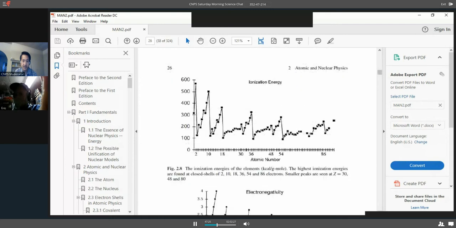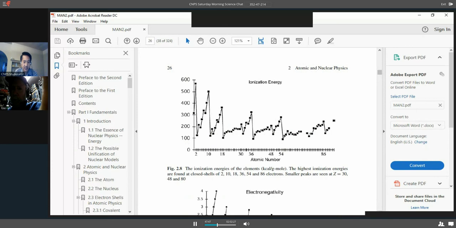Let's see what other information. So you have ionization energy here. Here we also see a very, very strong periodicity. The highest ionization energies are found at the closed shells of 2, 10, 18, 36, 54, and 86 electrons.